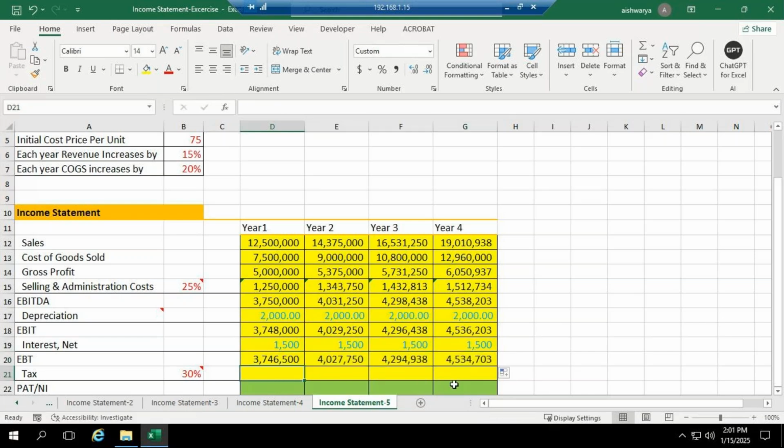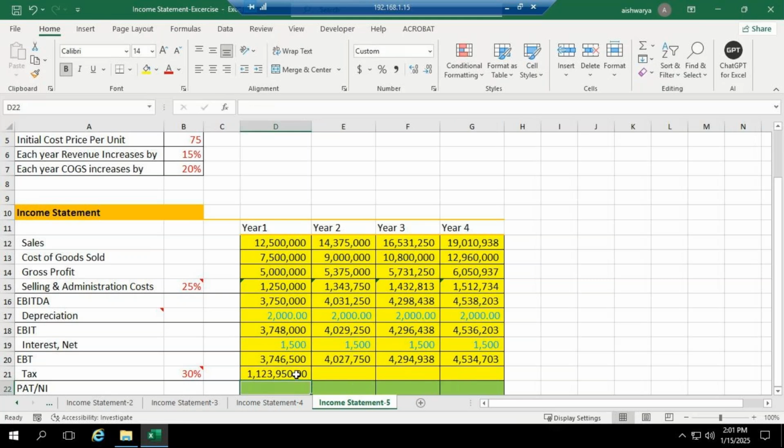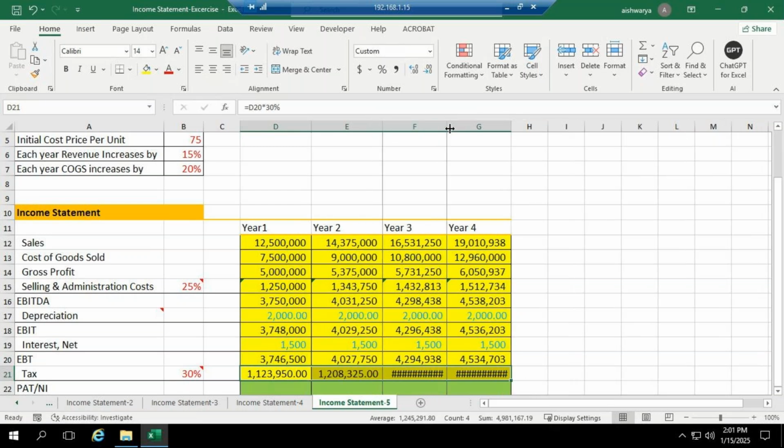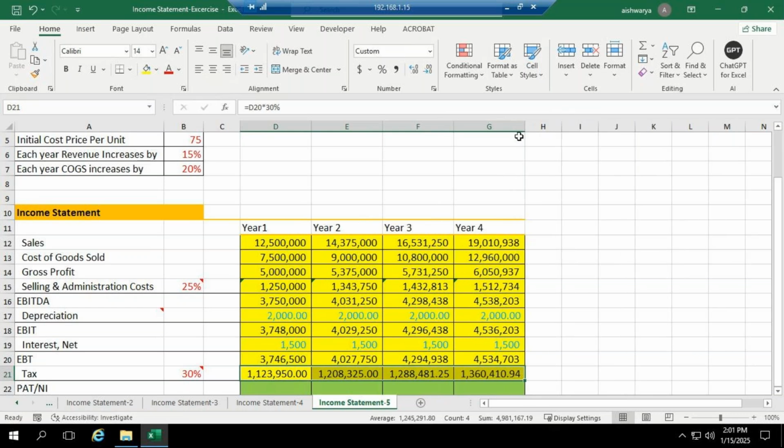Then the tax will be 30%. So equal to this value into 30%, you have to do it, and then press enter. The number of digits has been displaying.